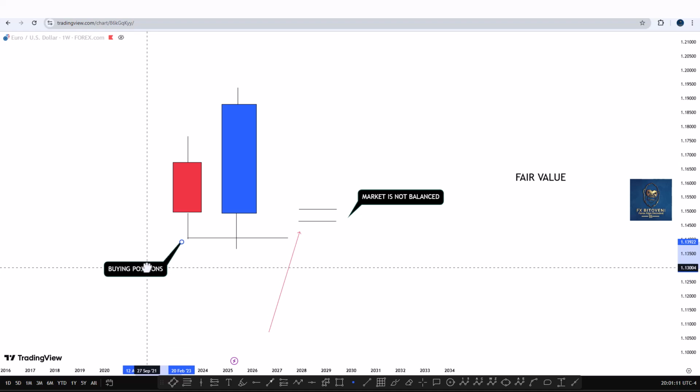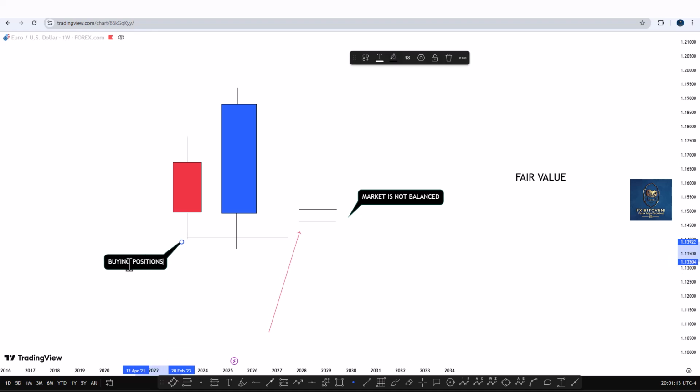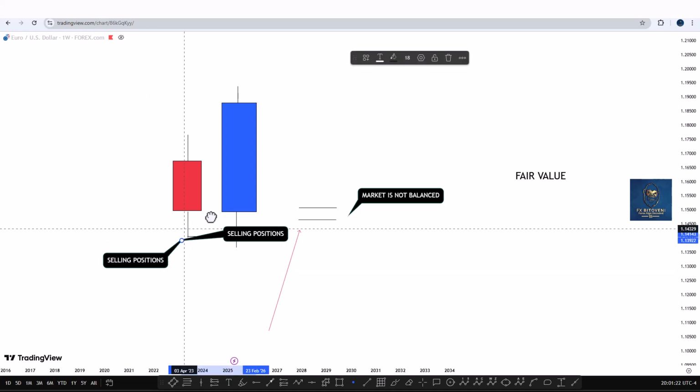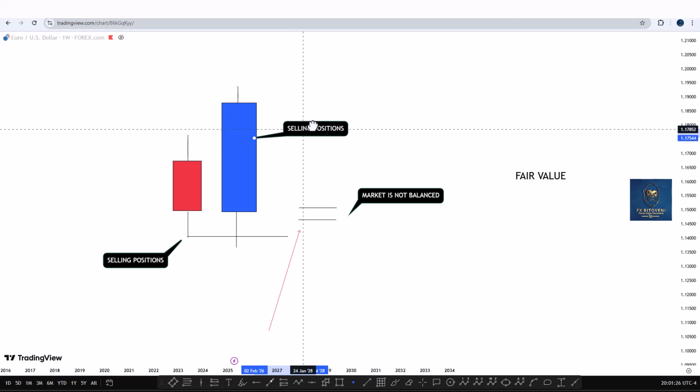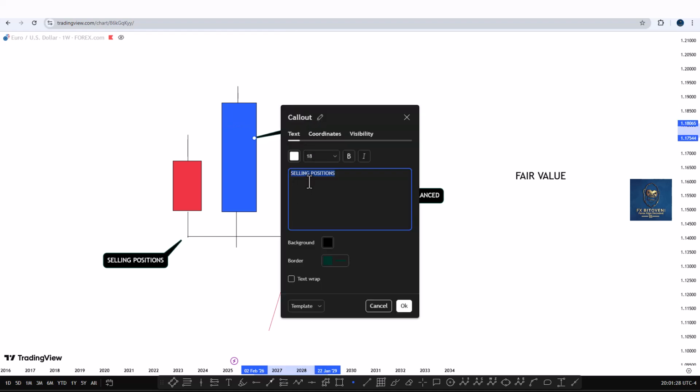So these are selling positions, and we also have buying positions around here. These are buying positions.